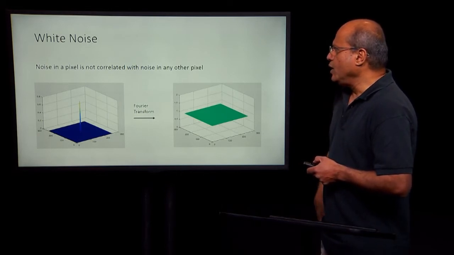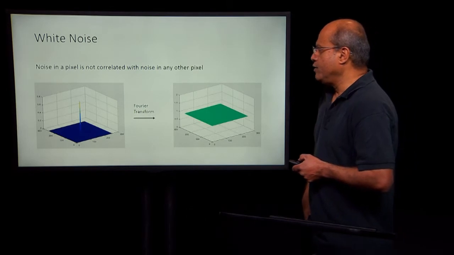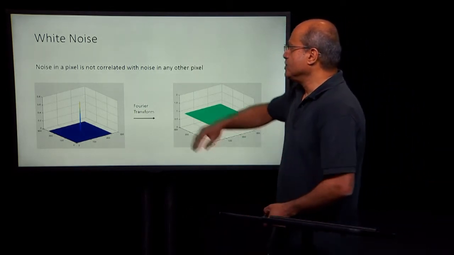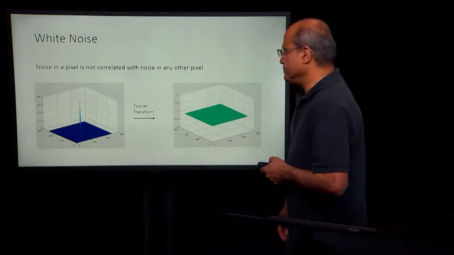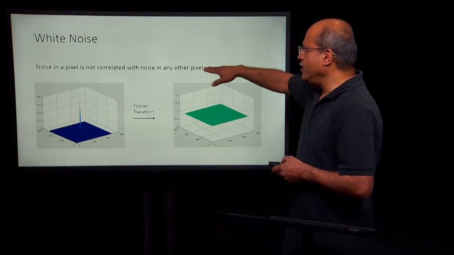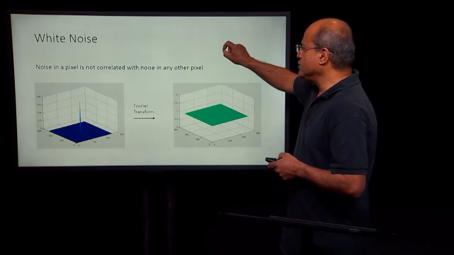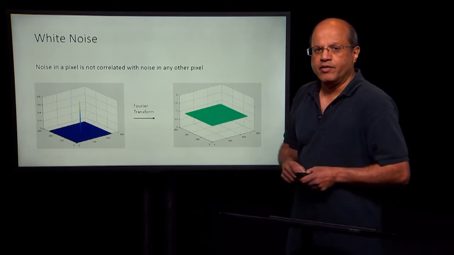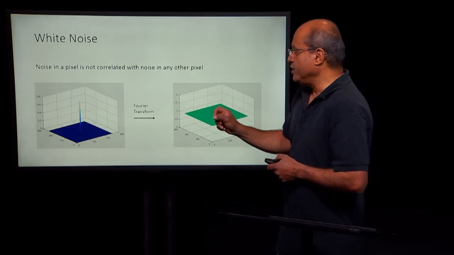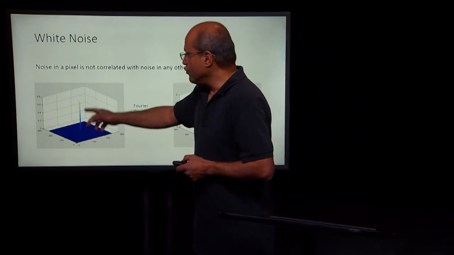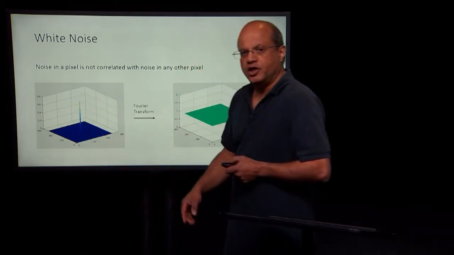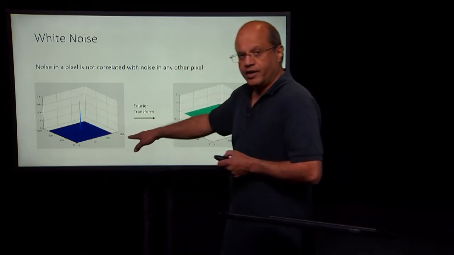With that, I think we can introduce a terminology that's used very often in modeling noise, which is this idea of white noise. So white noise is simply noise in an image where every pixel is completely uncorrelated with every other pixel. The noise at every pixel is completely uncorrelated with noise at any other pixel. The autocorrelation function, when you have that condition, is simply a large spike at 0 and then 0 everywhere else.